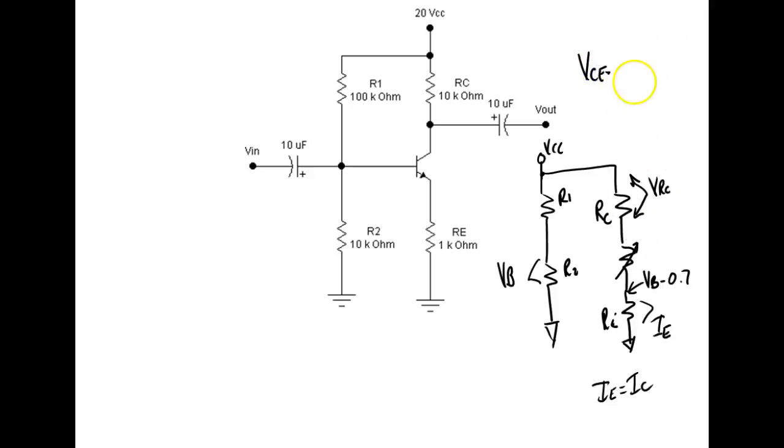We calculate VC. VC is going to be equal to what? VCC minus VRC. That's Kirchhoff's law, right? You understand? Then we're going to use VCE would be equal to VC minus VE.